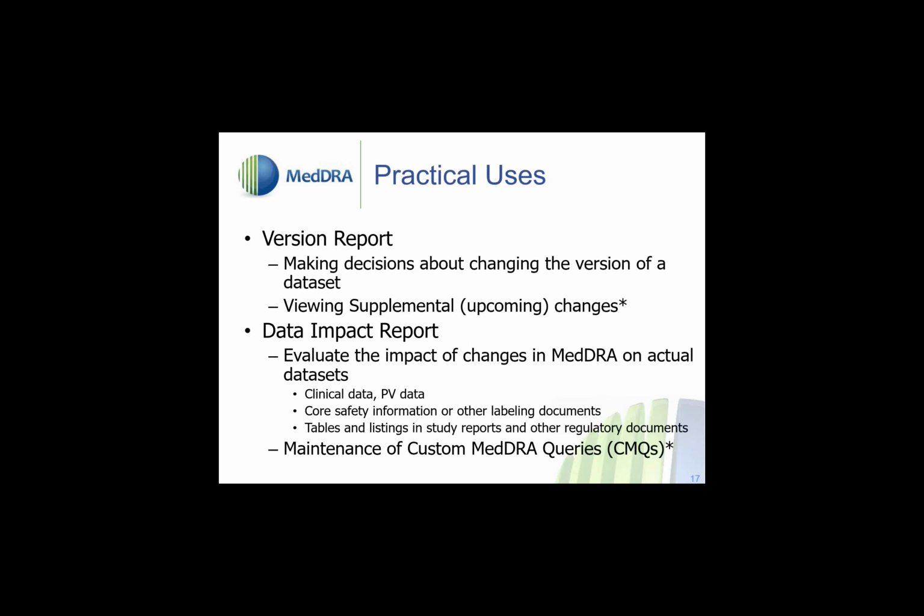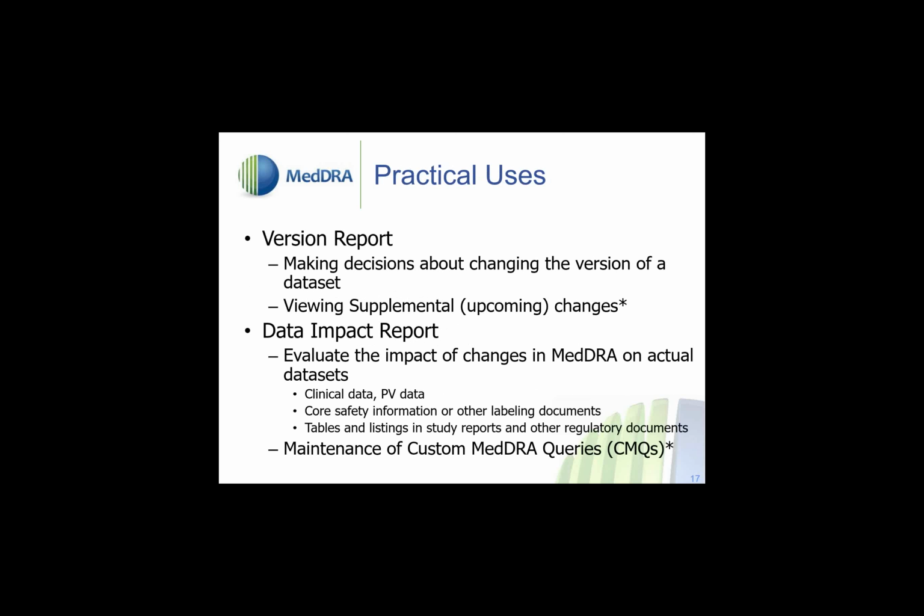So you can imagine if you've coded your data in version 19, for example, and you want to understand what's going to happen when you bring it up to version 23.1, you can make a comparison of those two versions instead of having to look at each individual version report that gets released with the release files.